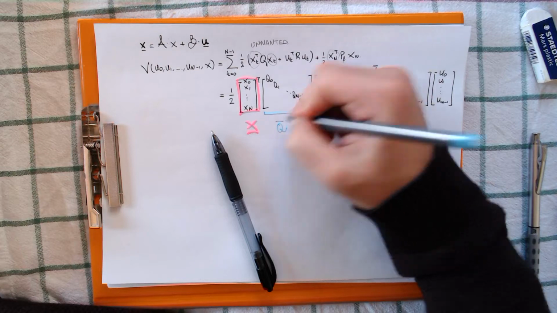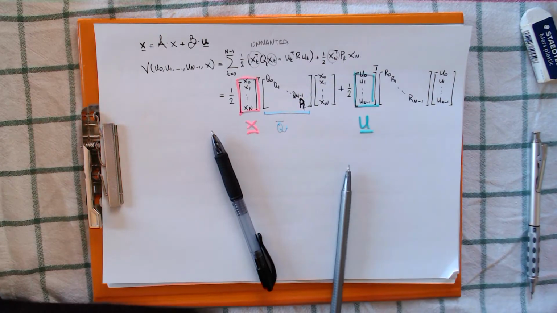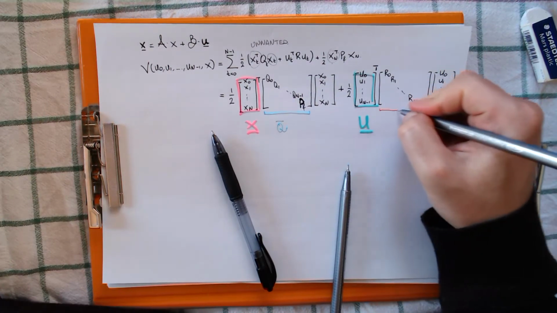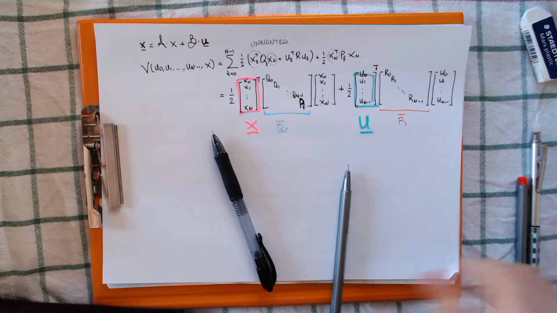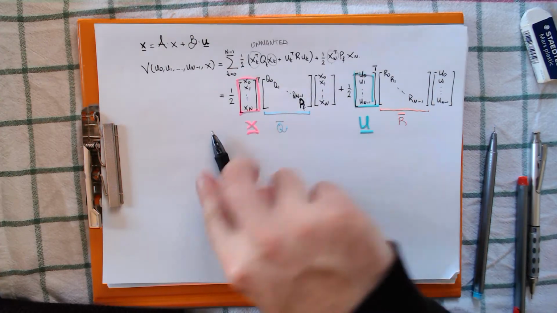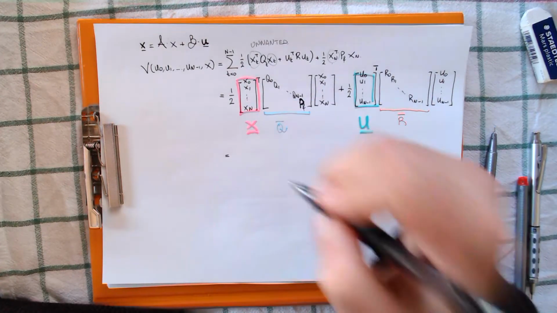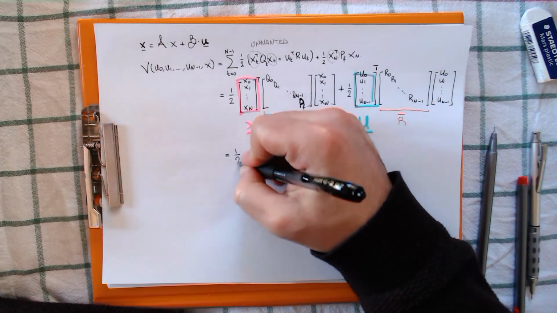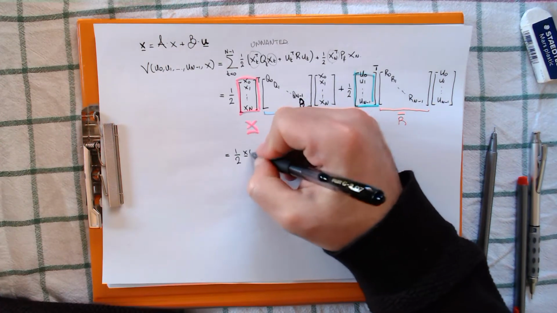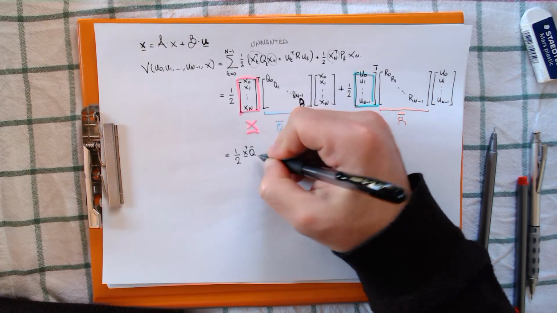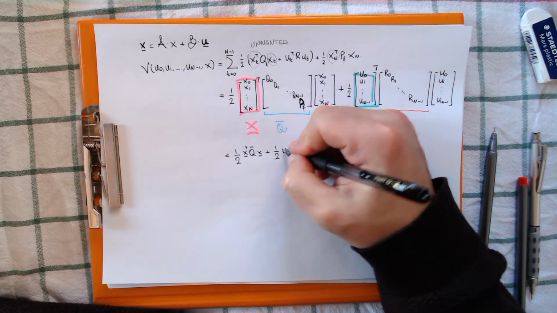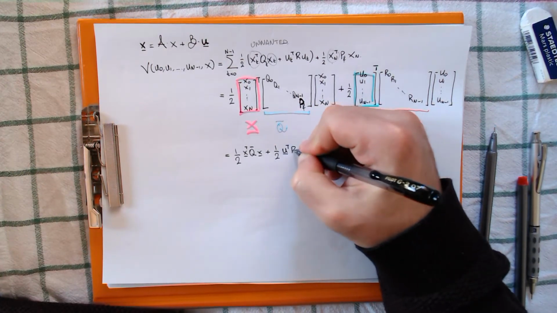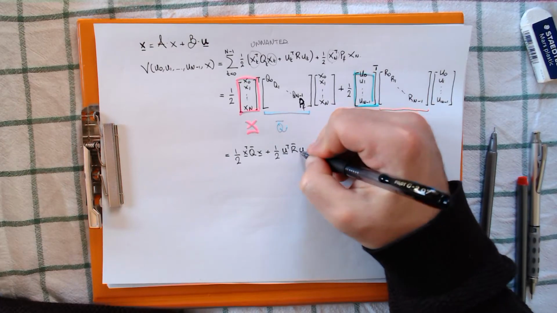Let's call it Q bar. And let's give this other matrix another name. Let's call it R bar. So overall, we will have written this cost function very, very compactly like that. 1/2 x transpose Q bar x plus 1/2 U underlined transpose R bar U.